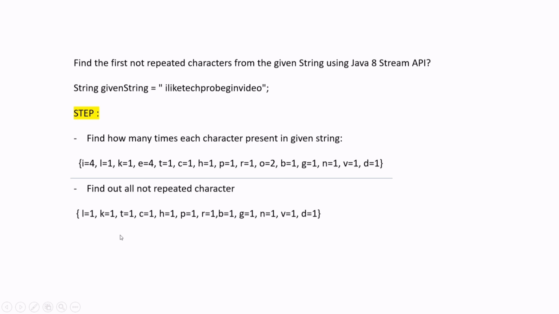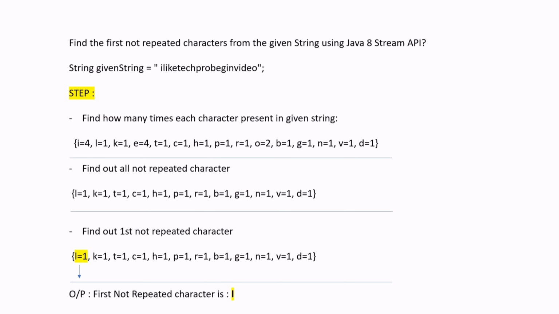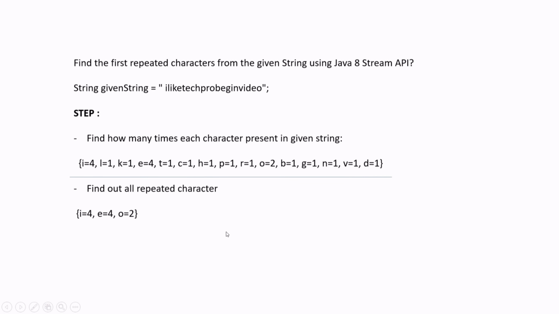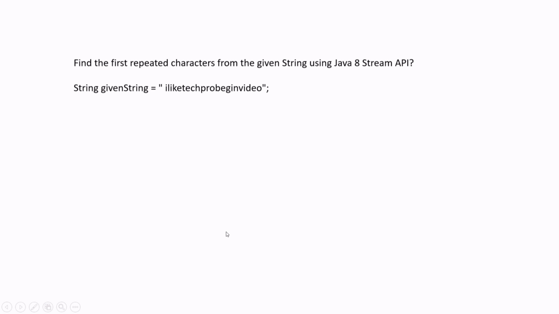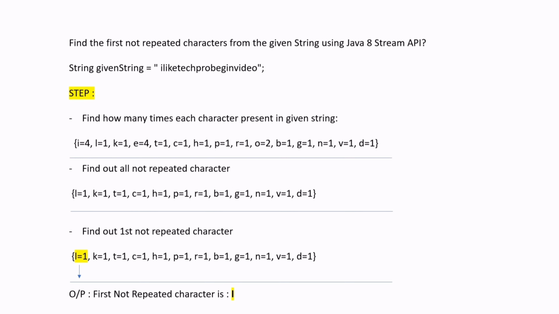So in the next step we can just find the first character from the previous list. As part of the third step, find the first non-repeated character, and in the answer we expect L is the first non-repeated character.